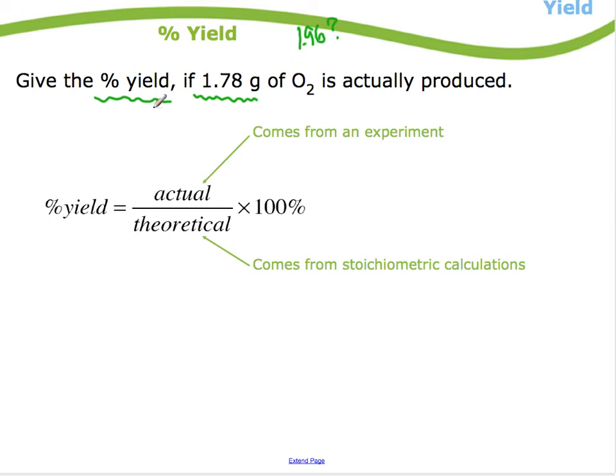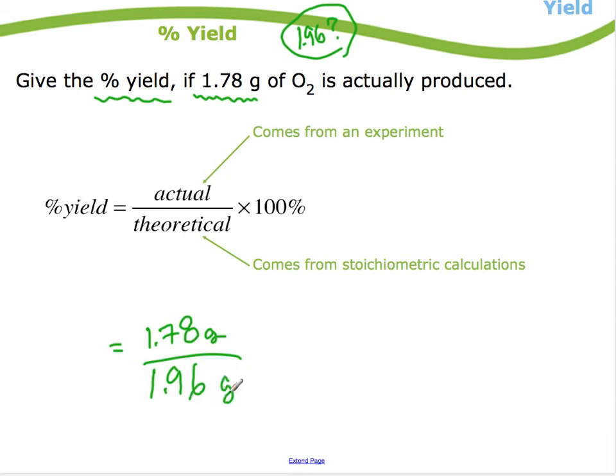To determine percent yield, we do something very similar to figuring out your percent on an exam. The percent yield would be what you got. So in my experiment, I got 1.78 grams, out of, theoretically, my total mark, and this is what I can think of my stoich number as being. So it was out of 1.96 grams.